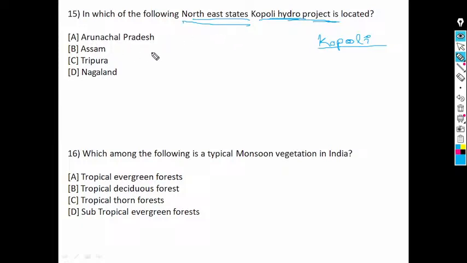Arunachal Pradesh, Assam, Tripura and Nagaland.